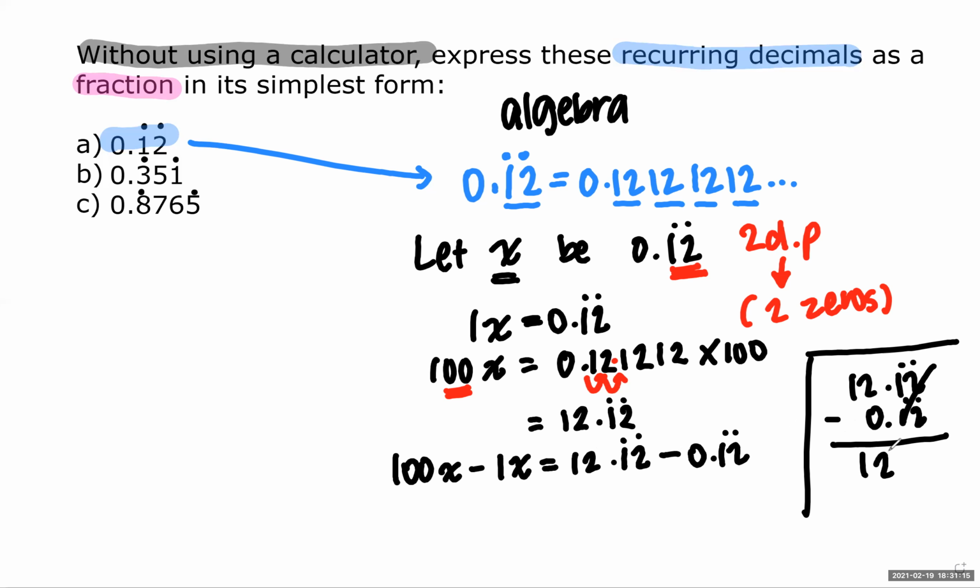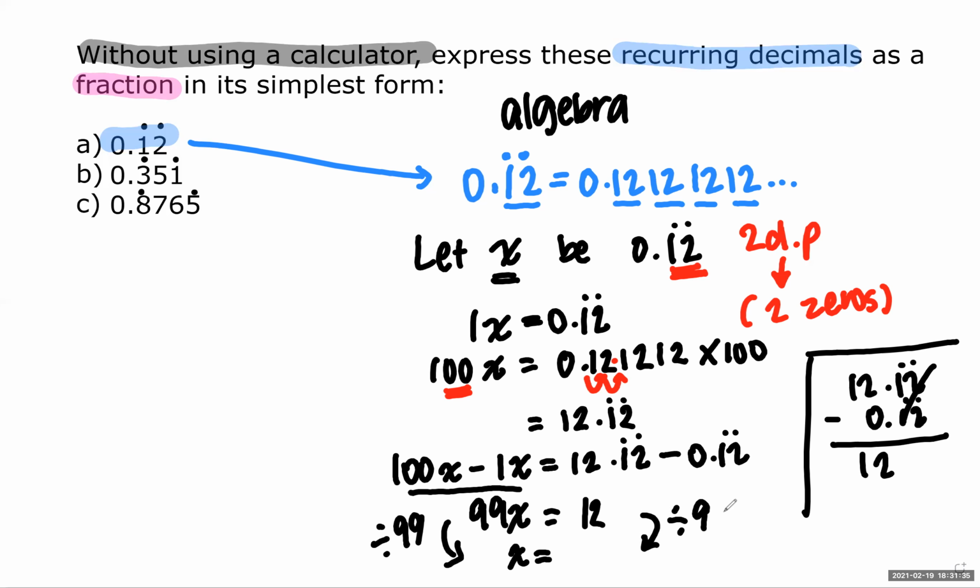So at the end of the day, I'm just left with 12, right? And 100x minus 1x actually gives me 99x. So from here, I can find x. To go from 99x to x, you have to divide by 99, which means here you also have to divide by 99. So at the end of the day, you have 12 over 99.